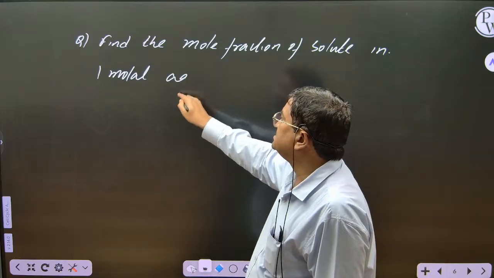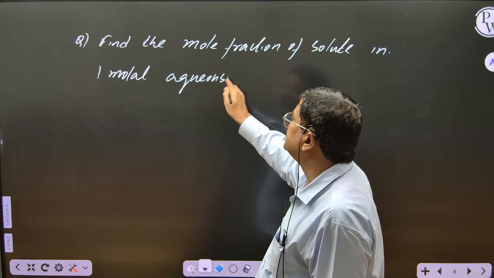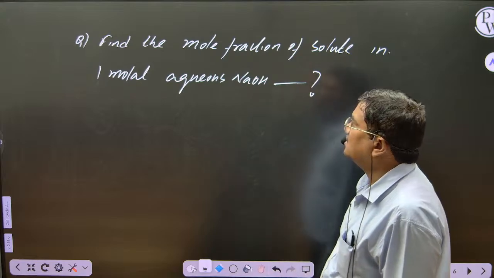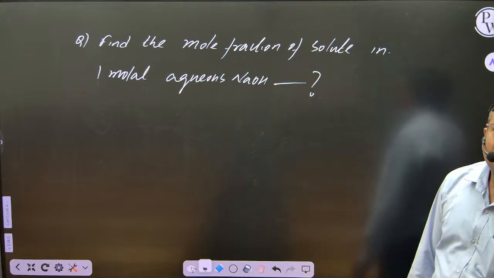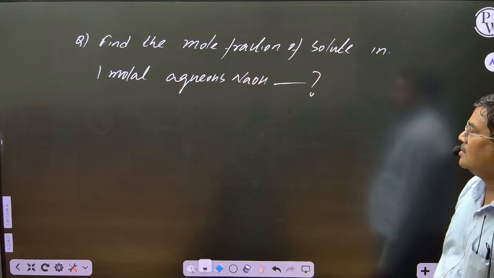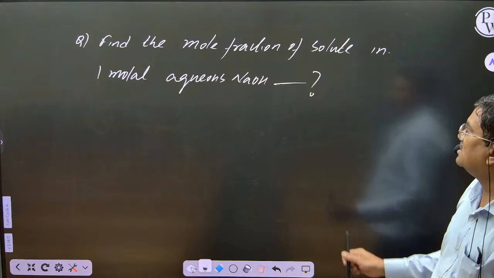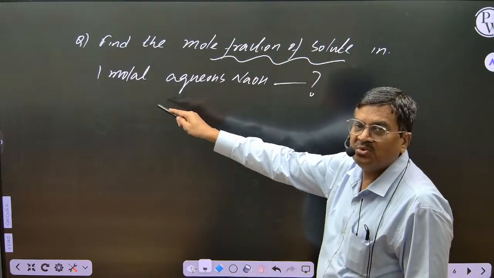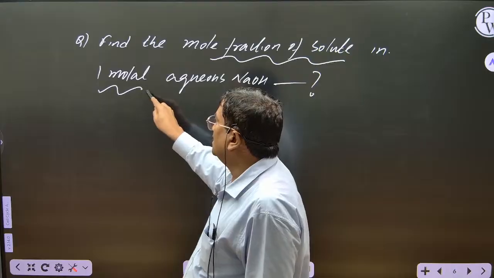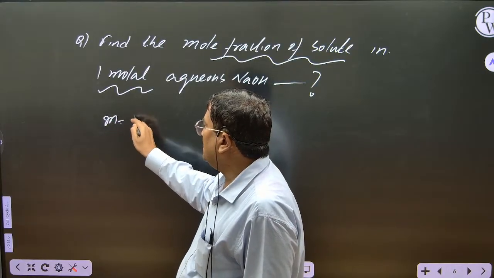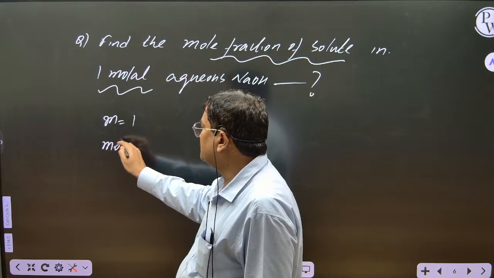See, here I am saying aqueous, what does it mean? In water. Aqueous caustic soda. Question understood? What is asked is the mole fraction of solute, and he has given the molality. Molality given to you is 1. Make a note, molality is 1 and you are asked to find the mole fraction of whom? Solute.